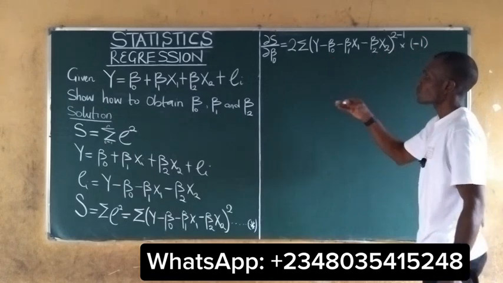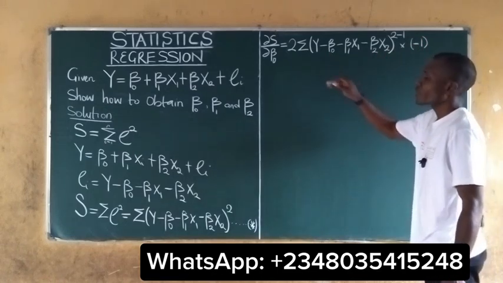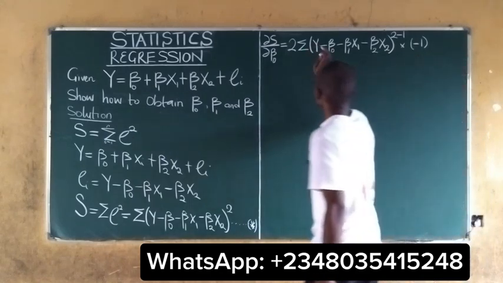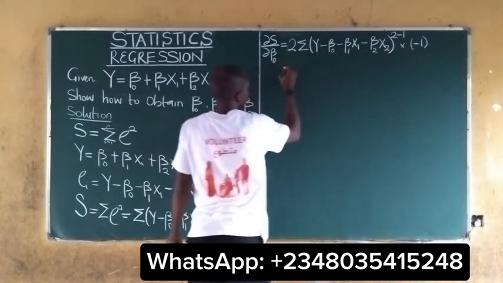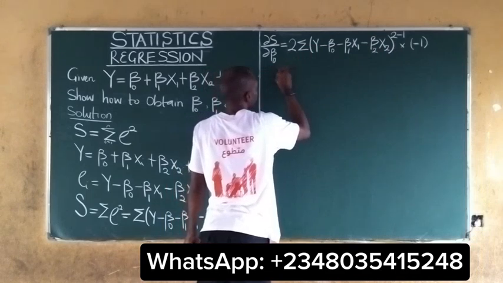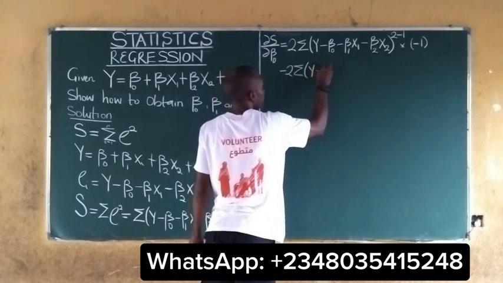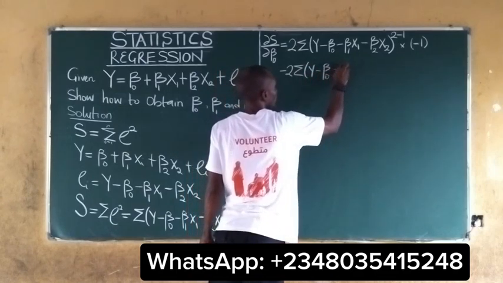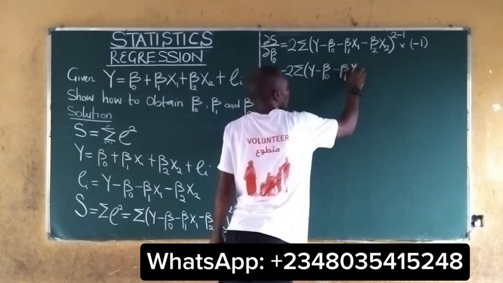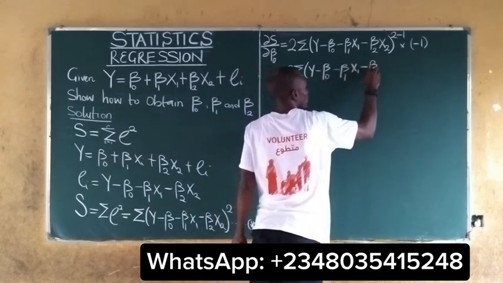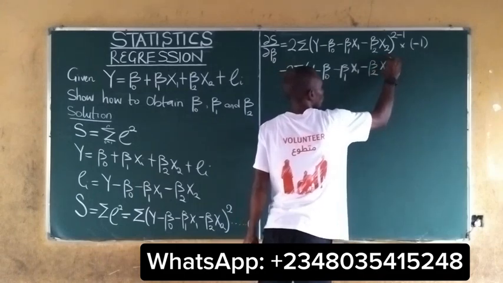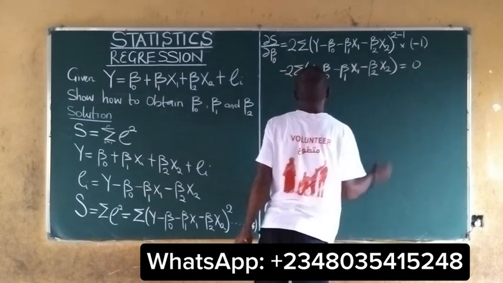To maximize or minimize a function, we equate that function to 0. So here, this can come over here to give us minus 2 summation of Y minus B0 minus B1 X1 minus B2 X2 equal to 0.